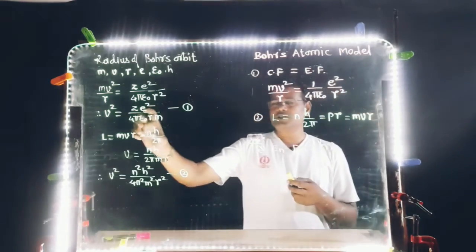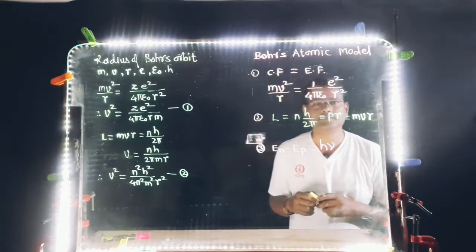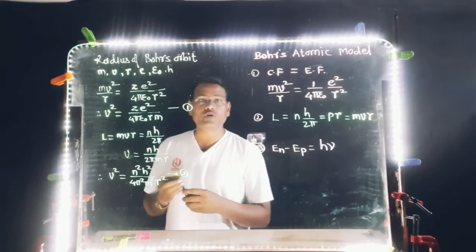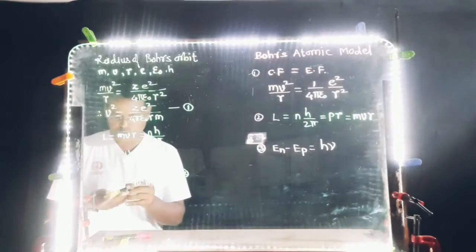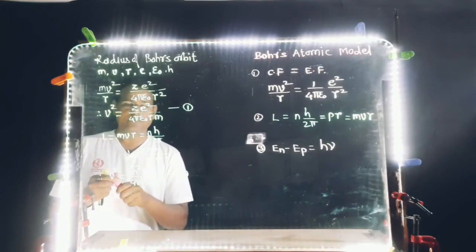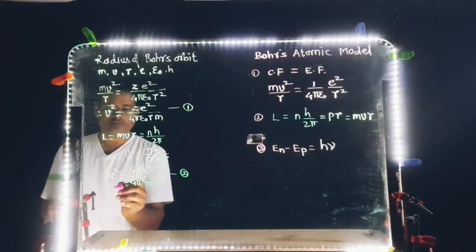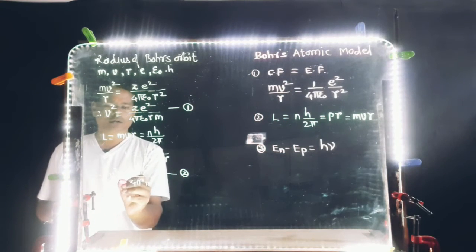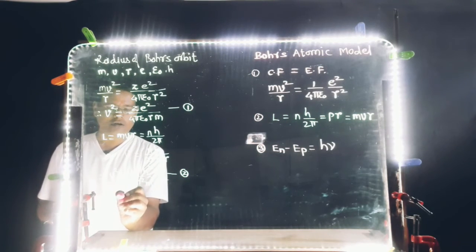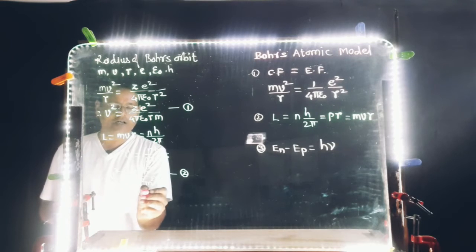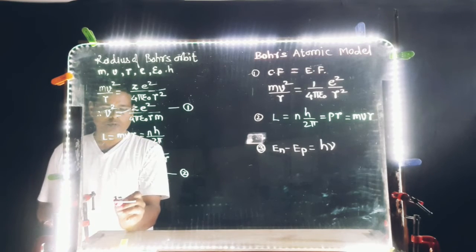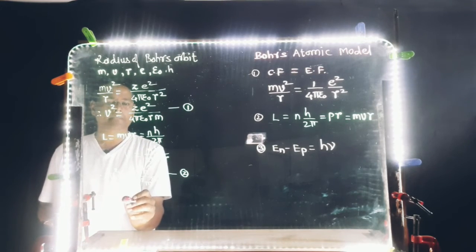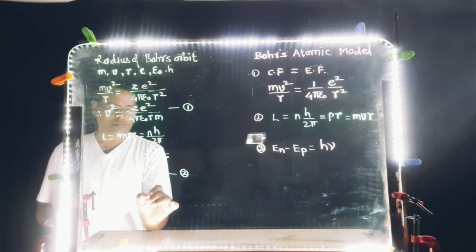Now equating this equation 1 and 2. So equate these two equations. So equating 1 and 2 we can write here, therefore, what is equation 1? It is z into e square divided by, here it is 4 pi epsilon naught small r m.